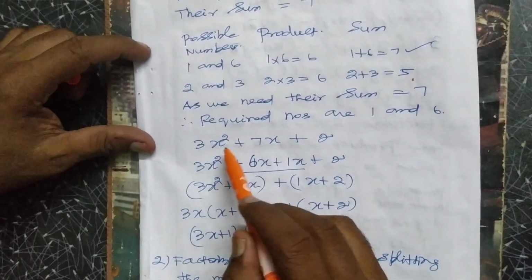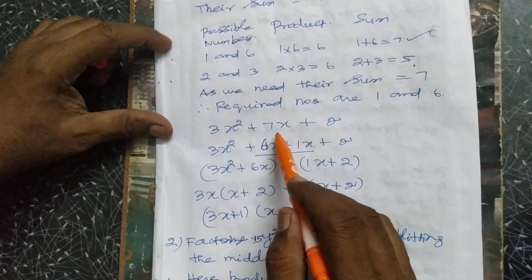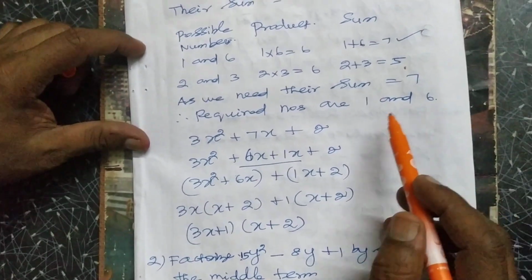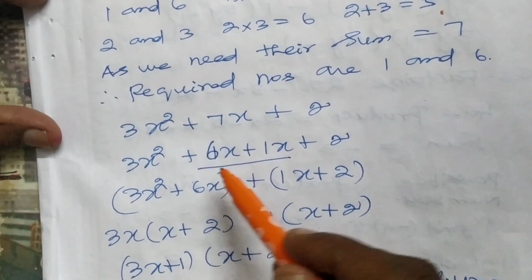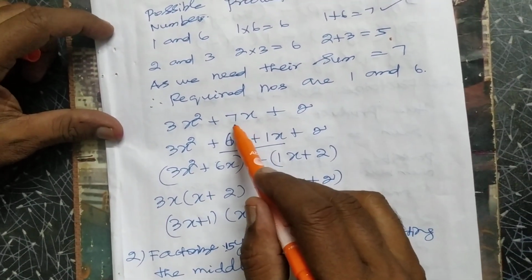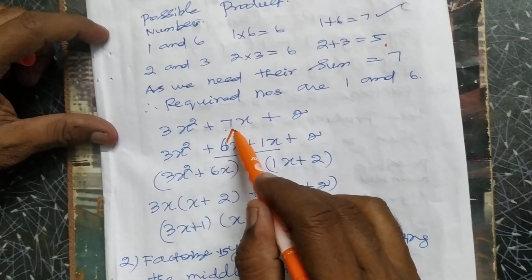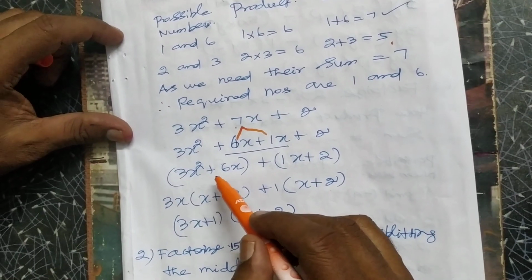Now let us take the problem, 3x square plus 7x plus 2. Then the split numbers are 1x and 6x. You split like that: 3x square plus 6x plus 1x plus 2. Now 7x is split into 2 terms, you see. 7x is split into 6x plus 1x. Now grouping.